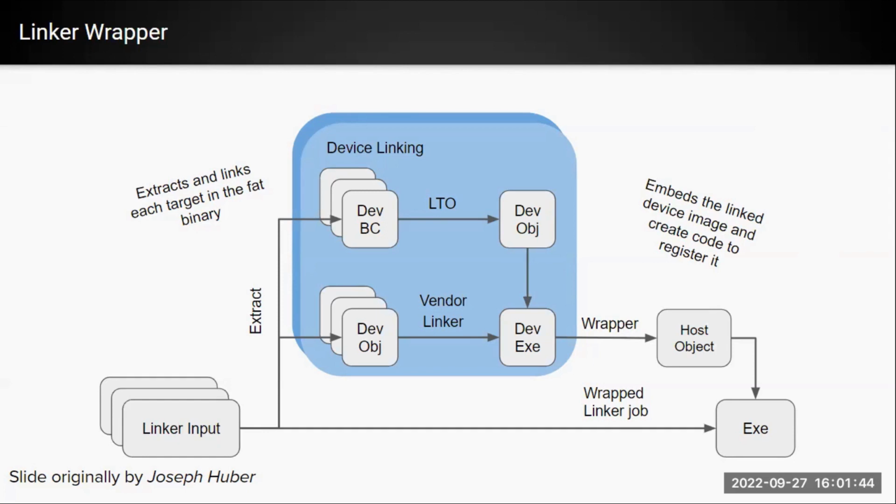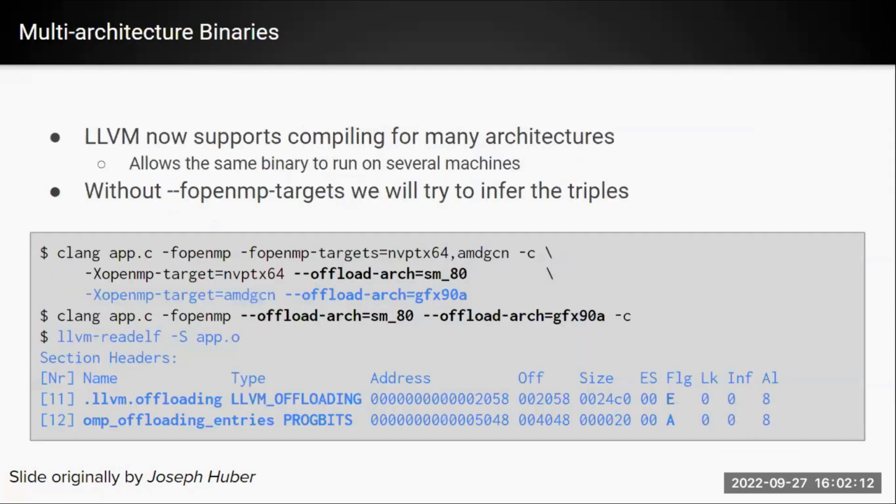And we use the vendor tools to create the final result, like a cubin file or whatever the AMD equivalent is called. And then we wrap it again into the final executable. So at link time, we either link together device objects through vendor tools, or we do LTO, do code gen, and then link it in.